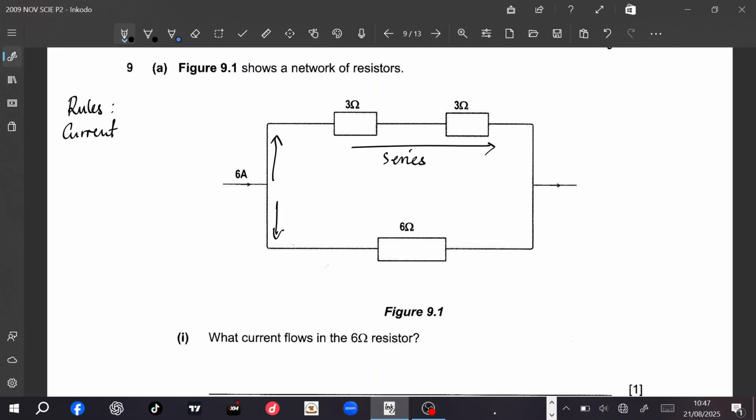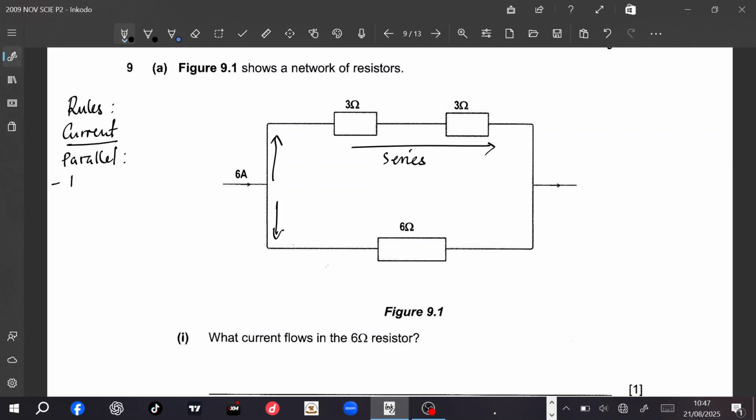Here we have a parallel circuit, so the rule is: current in a parallel circuit divides at the junction.